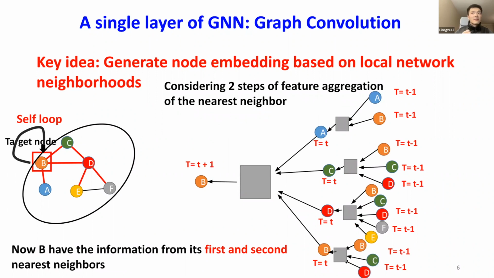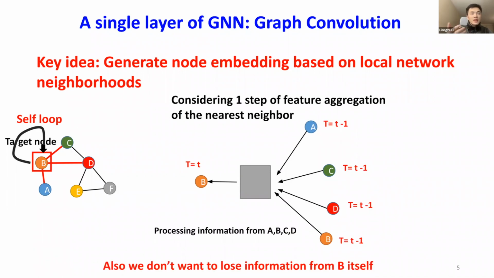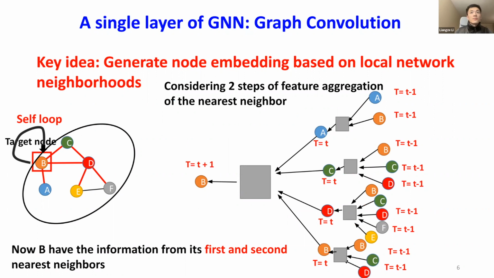So that's going to have both A itself and B, because we agreed that the information from B itself is also going to be part of the convolution that goes into the higher level representation of B, right? So here we further expand the computational path in that B takes in information from A, C, and D, and then A in turn takes information from itself and all its neighbors, which is just going to be A and B, right?